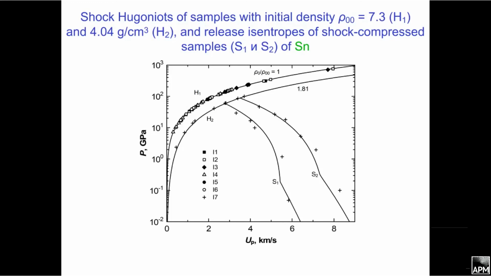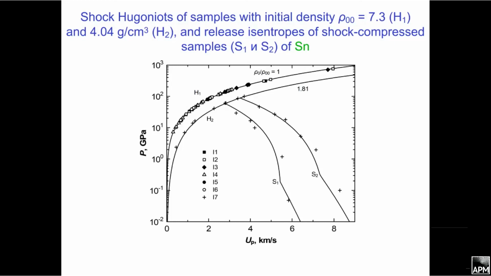Here you can see calculated shock adiabats. These two lines are for solid and porous samples of tin. These lines correspond to release isentropes. Here, these isentropes are compared with experimental points.